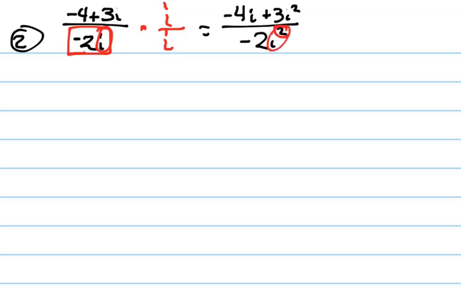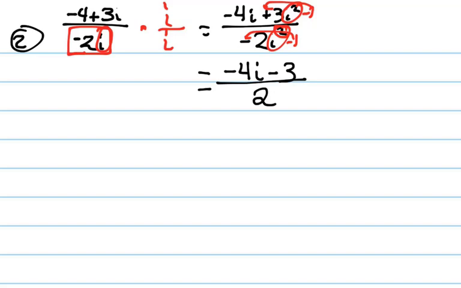This i squared is going to be a -1, and that's going to cause the sign in front to change. And so we end up with -4i minus 3 divided by a +2. Now we're going to split it apart, where that 2 goes to both pieces, and that negative sign will drop down in front. 4i divided by 2.